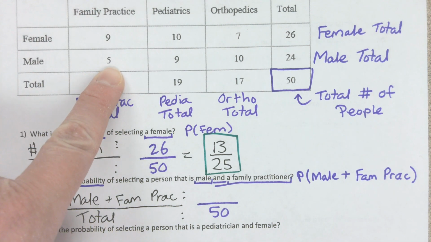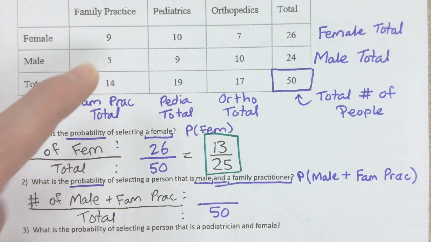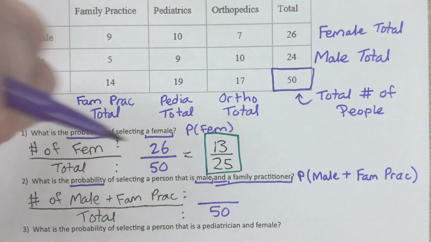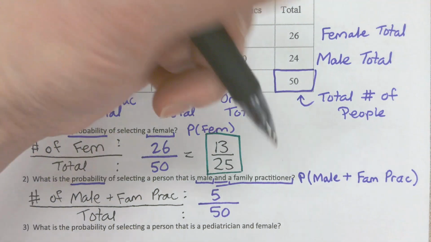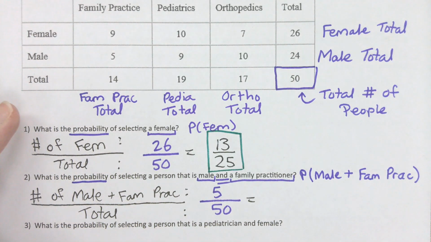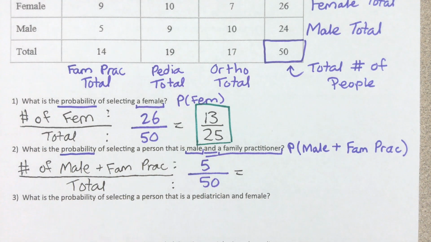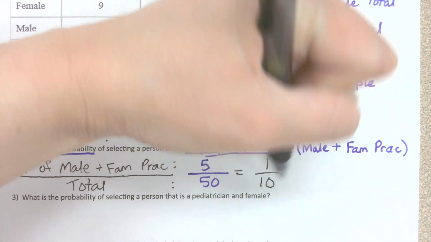The 5 represents the men who are family practitioners. That's the number we want. So 5 out of the 50 people in the table fit that category. Don't forget to reduce. This is going to give you 1/10.